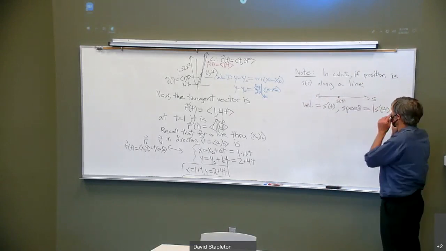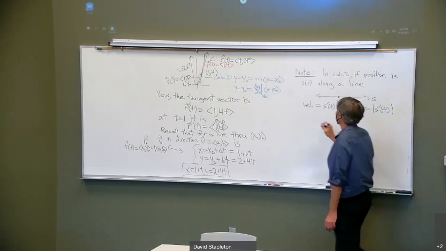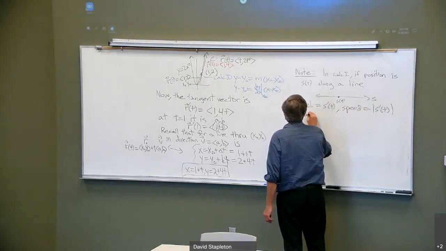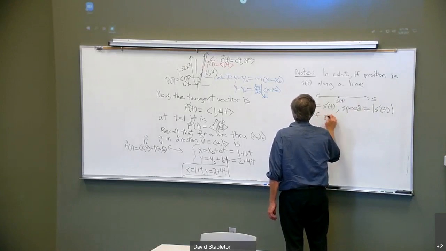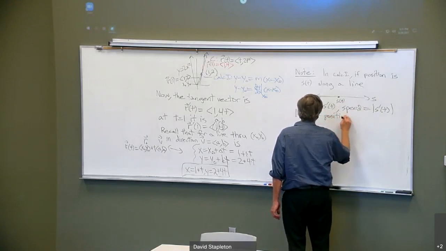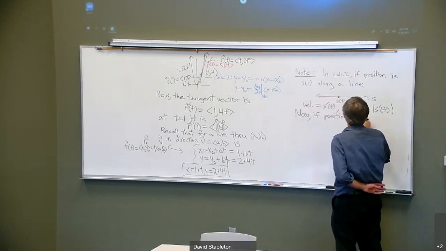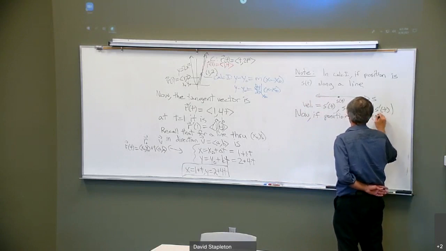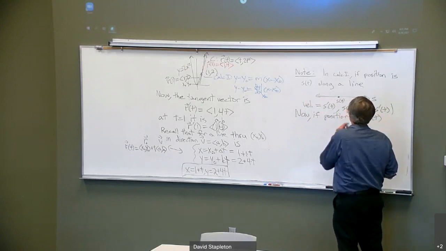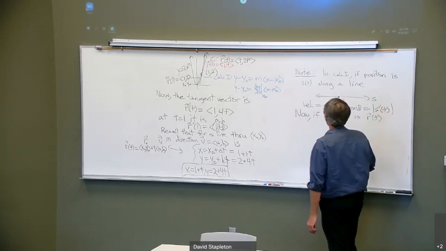Now what we can do is this in more dimensions. If position is in the plane or in 3 space, all this carries over to 3 space and 4 space and so forth, just obvious as can be. Position is a vector to a point in the plane or to a point in 3 space.